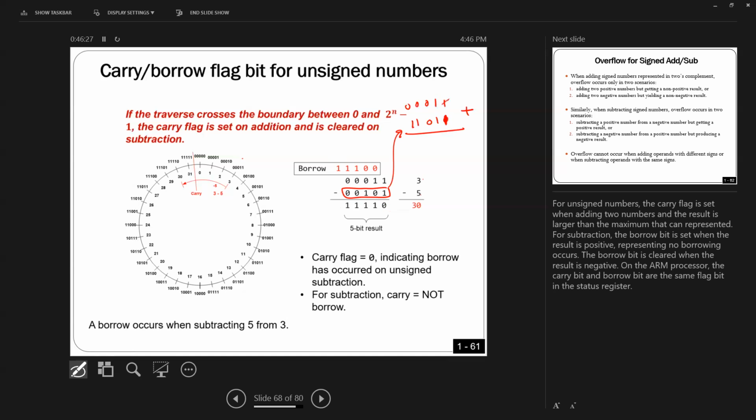Look what's going to happen. 1 plus 1 is 0, and then we have 1. 3 ones, we have 1, and there is 1 here, so I'm going to get another 1 here. And then 0 plus 1 is 1, 0 plus 1 is 1, and there is no carry. You get what I'm saying? The carry is 0. In case of subtraction, if the carry is 0, that means the result is not correct, and borrow should be 1. Is that okay, guys?